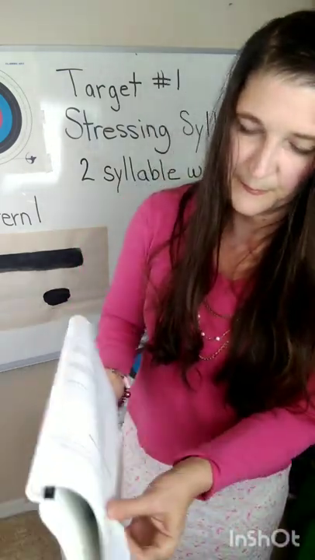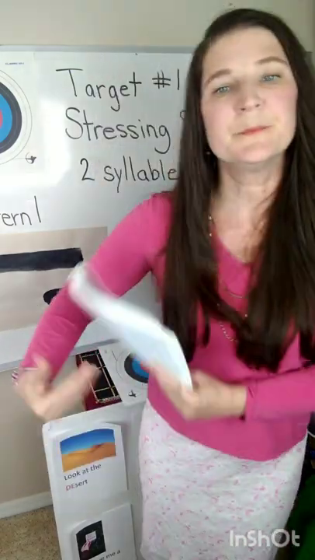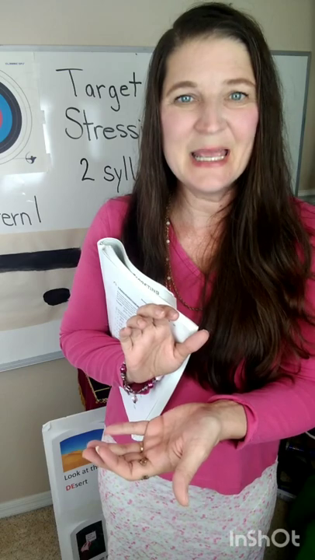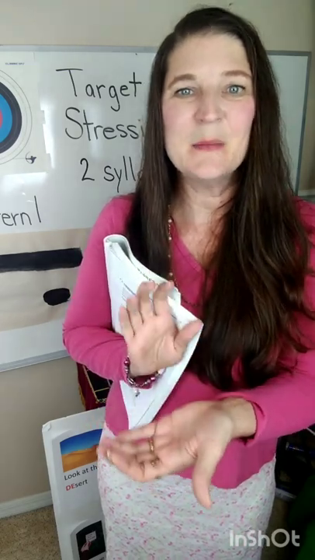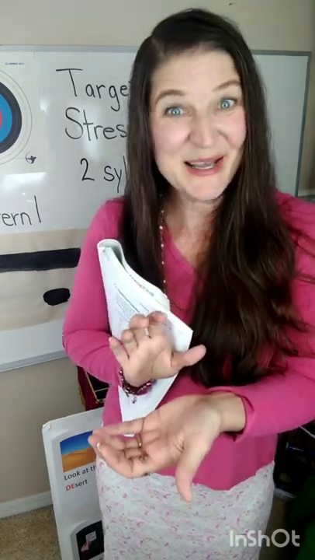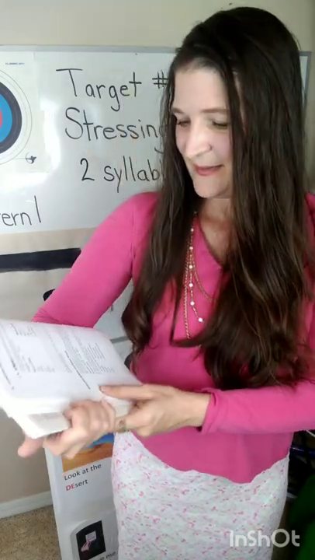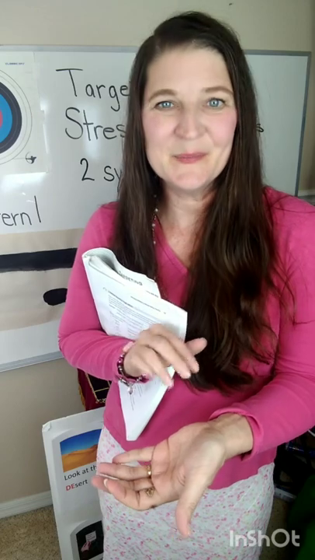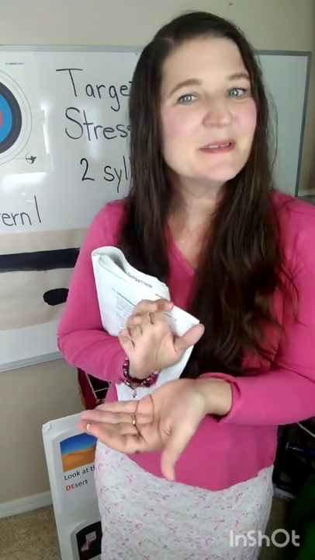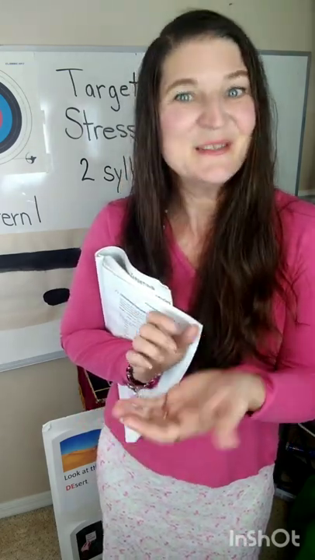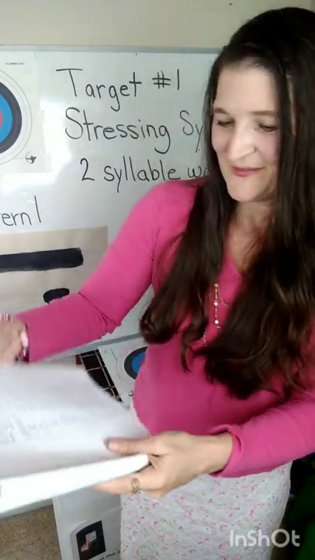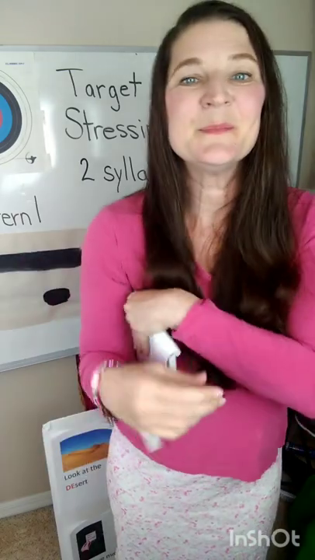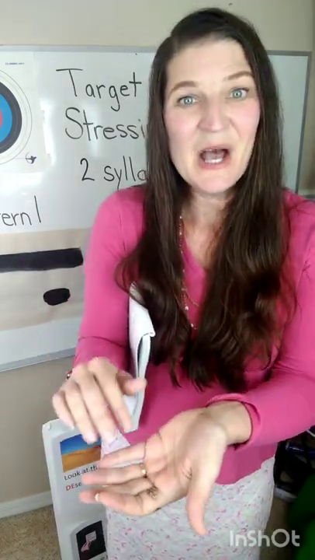Okay. Here we go. Table. You tap 2 times, right? Number. How many times? Number. 2 times, right? Committee.